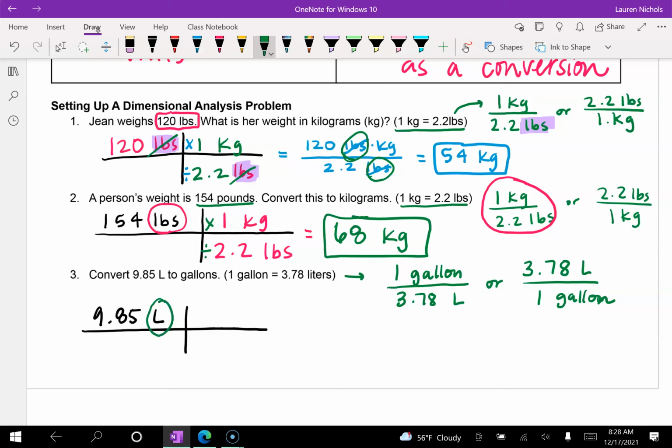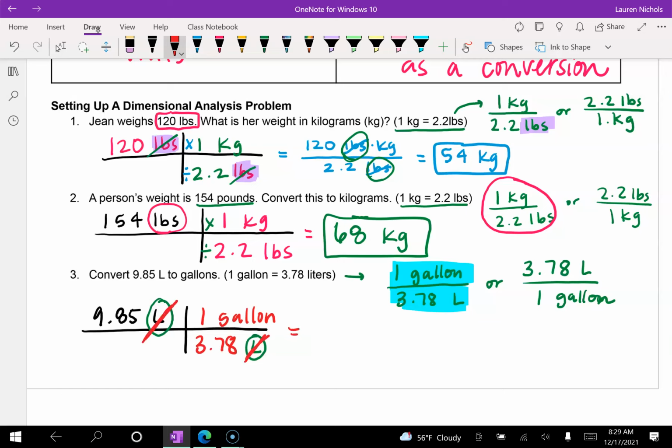If I have liters here, I'm also going to need liters at the bottom. The fraction that has liters at the bottom is our first one, so I will put 1 gallon at the top and 3.78 liters at the bottom.